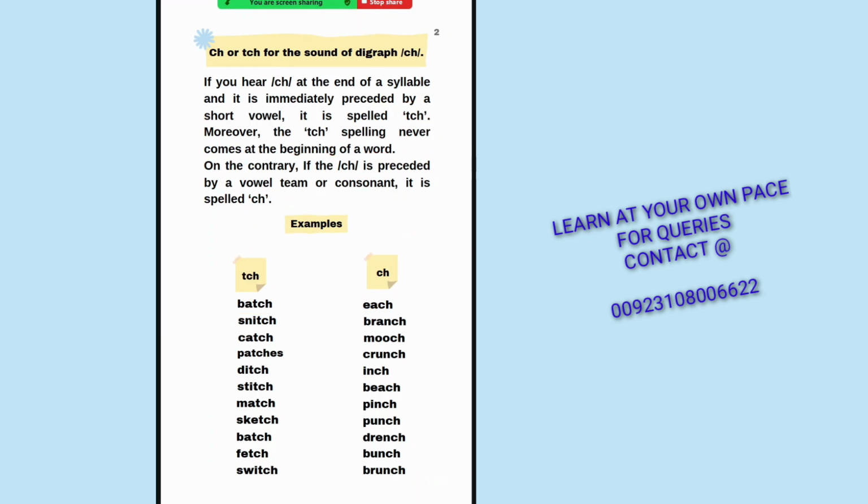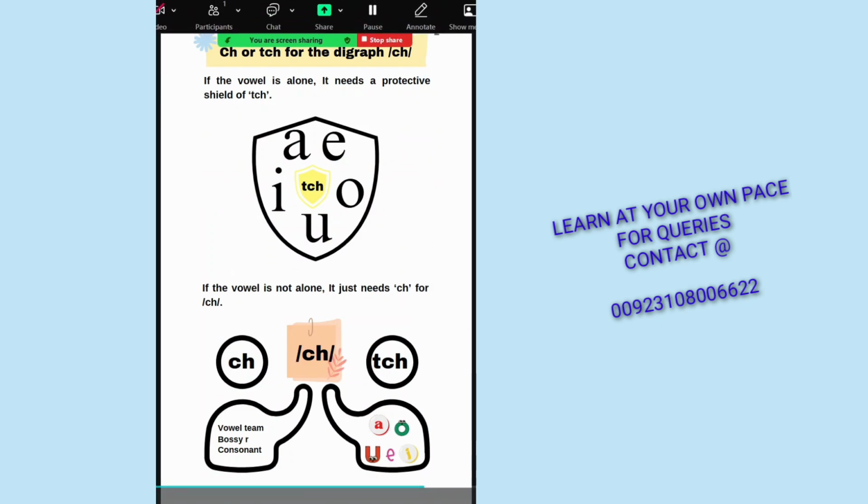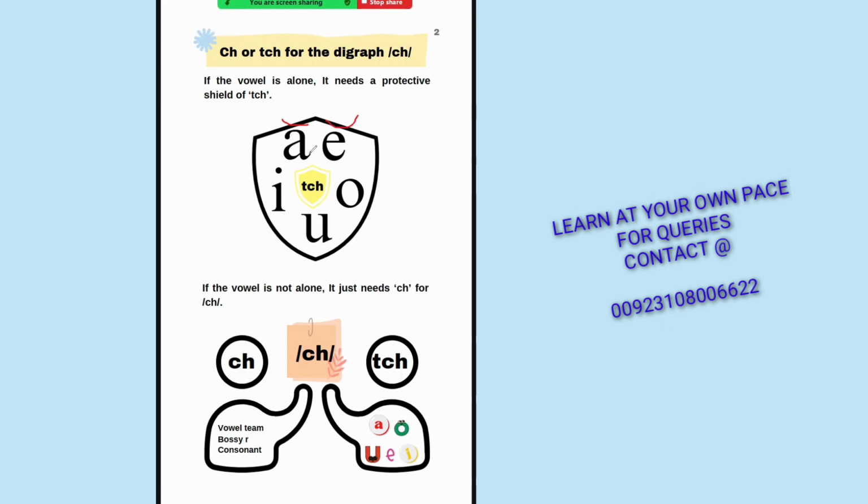Move to its worksheet and infographics. Look at this cute and simple infographics. These are the short vowel sounds, a, o, a.